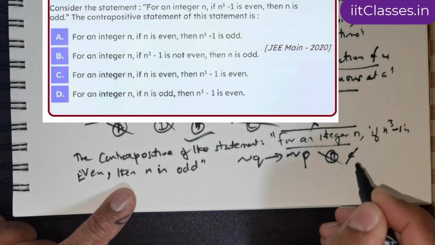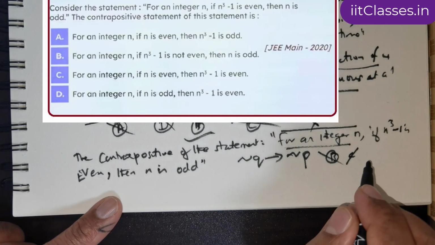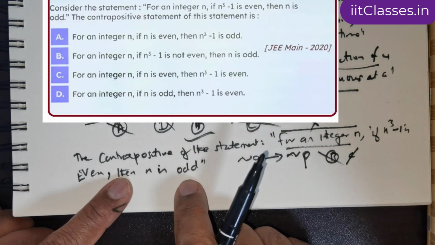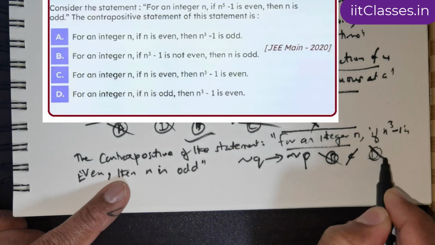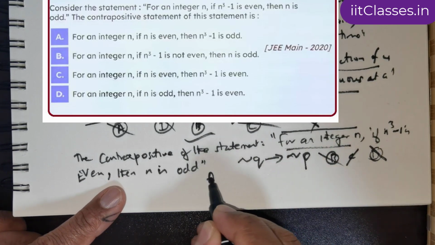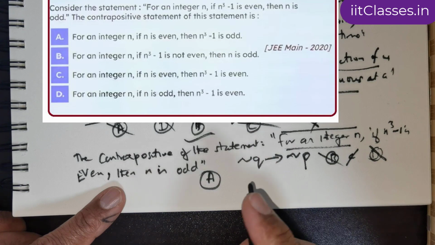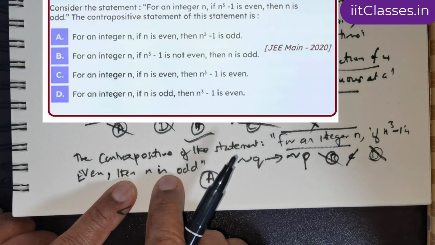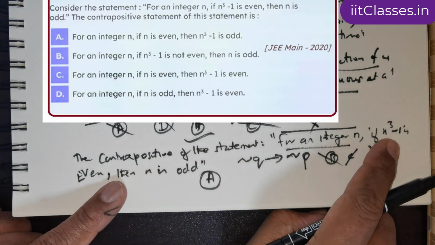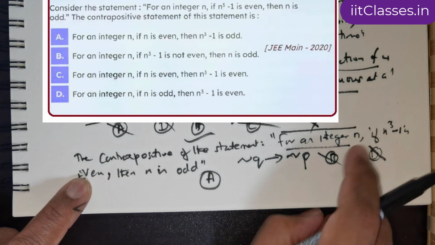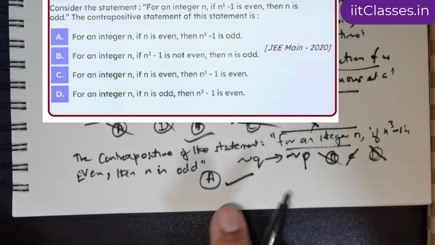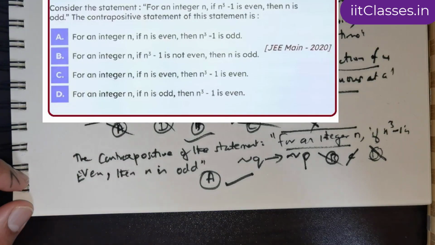So C is also ruled out. Now D states if n is odd, it starts with n is odd, so D is also ruled out. So the only possibility is going to be A. So clearly we see that if n is even, then n cubed minus 1 is odd. So this is the right contrapositive for the given statement.